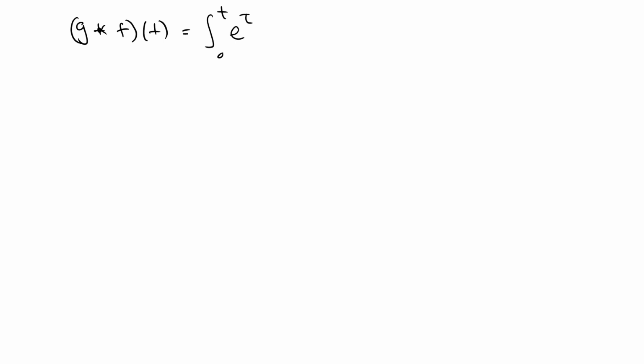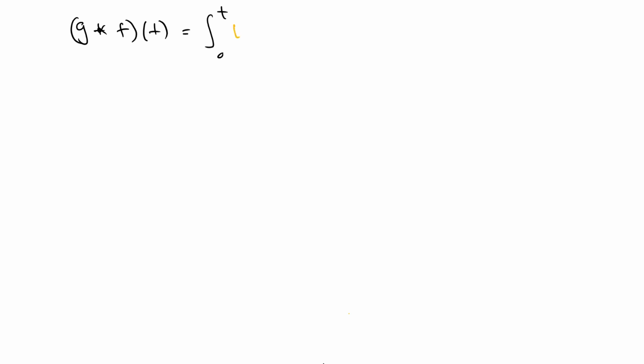So what will happen is we're going to switch the order. That's the only thing different. So we have t and e to the t, so it's the same two functions. So we have t now, and I'm going to put t minus tau for that one.